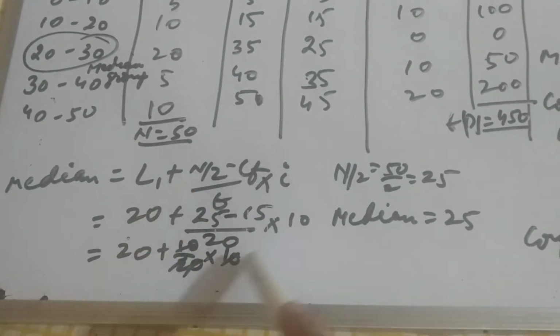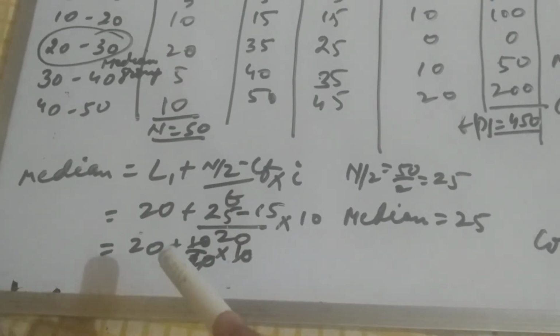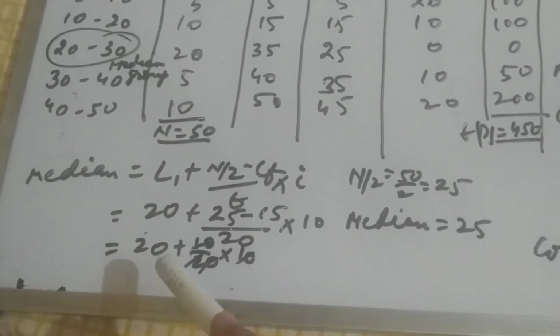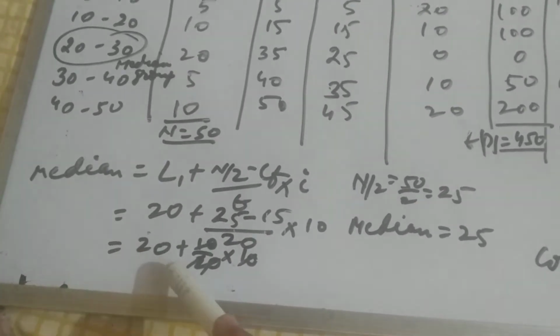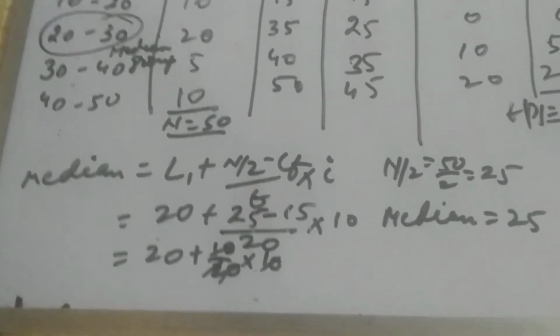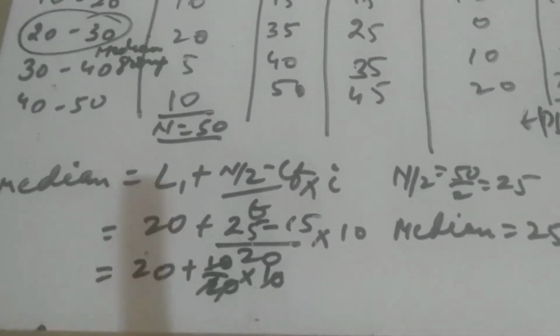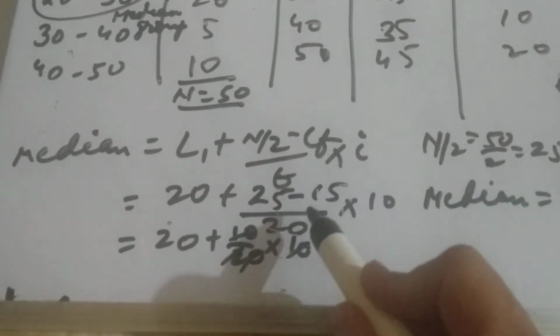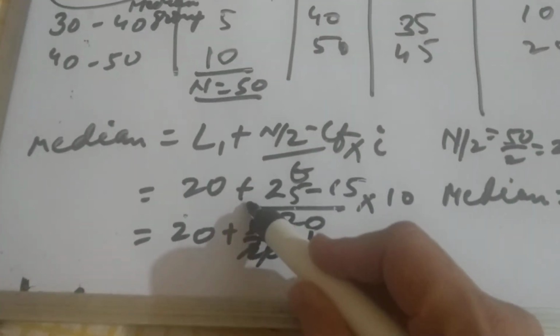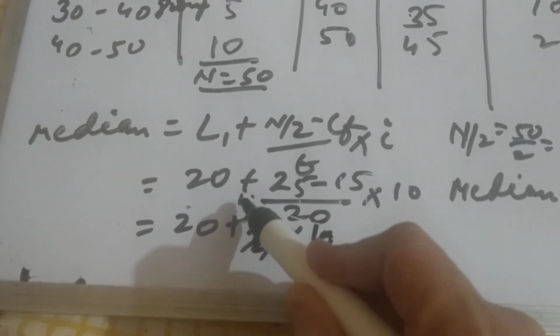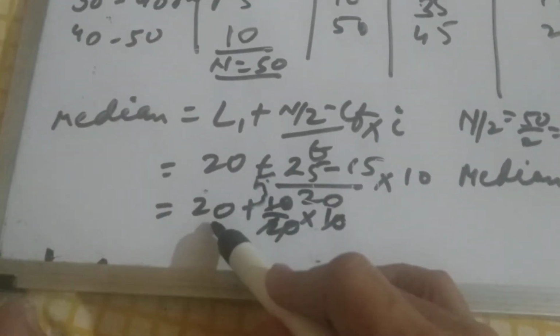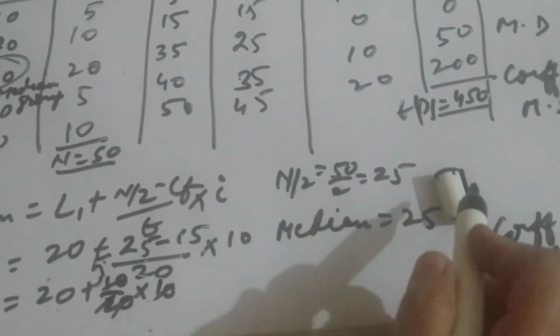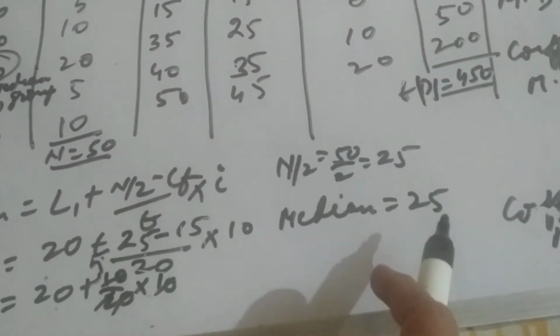When we do the calculations, 10 by 2 gives 5, so 20 plus 5, the median comes out to be 25.